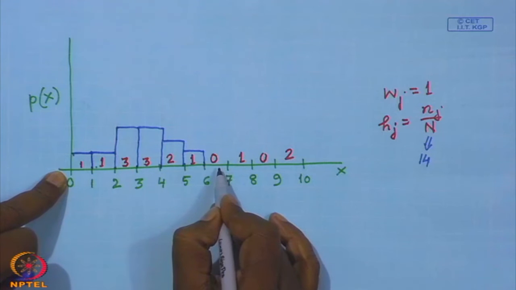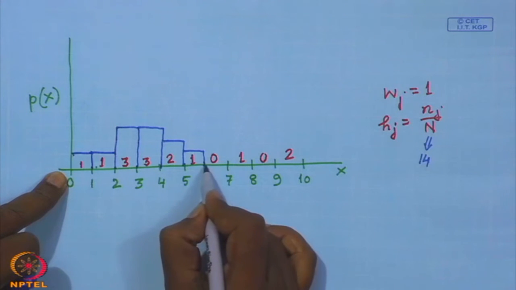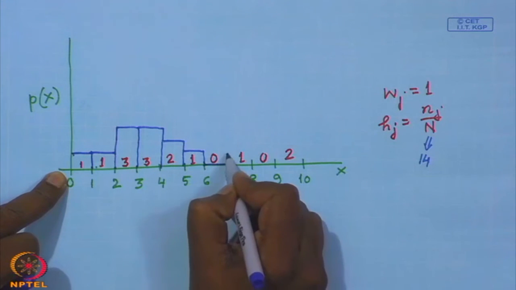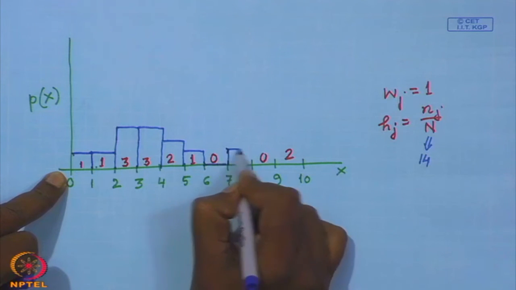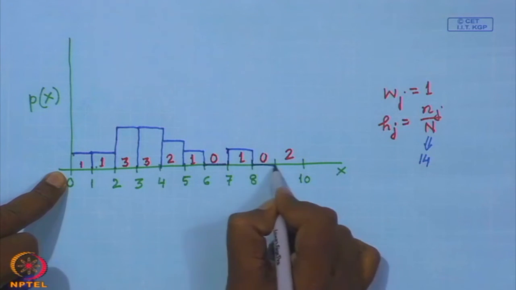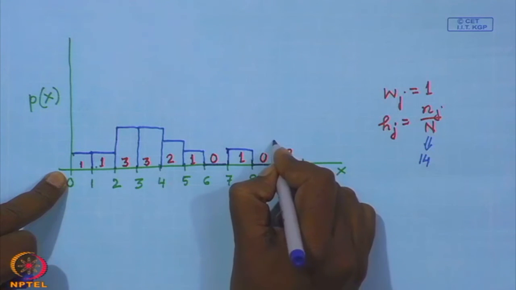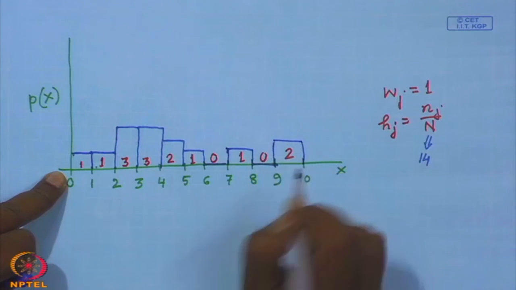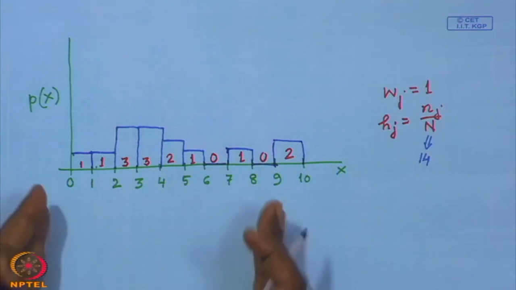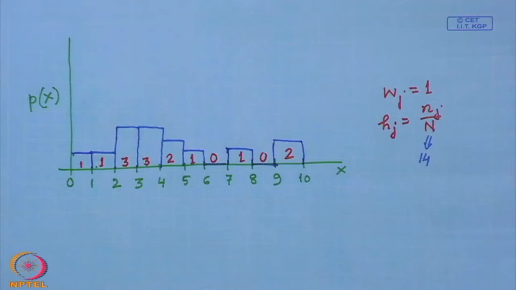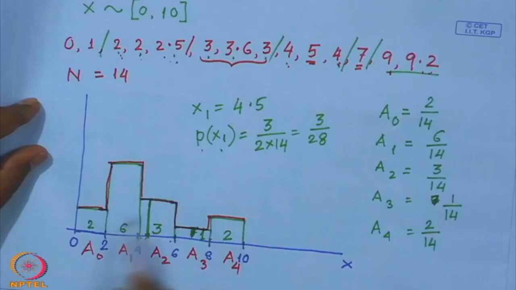So, the value of n j is equal to 0, right. So, this is 0, here again I have one sample, here again it is 0, here I have 2 samples. So, this is the kind of probability estimate that I will get.